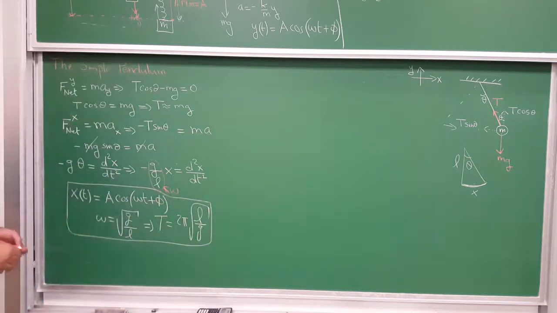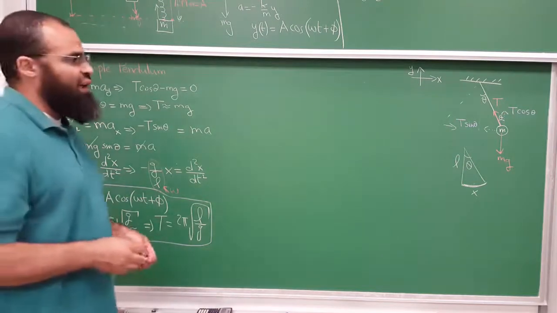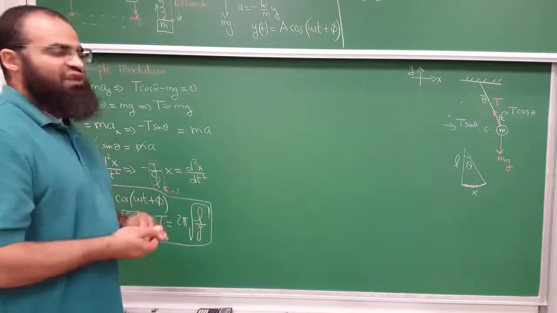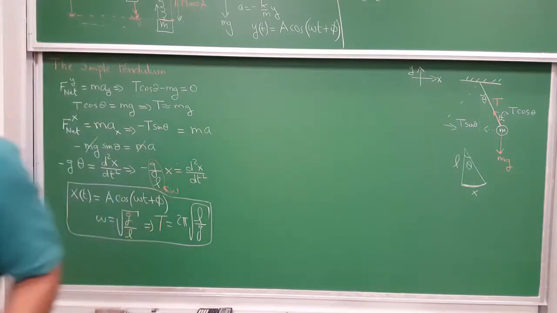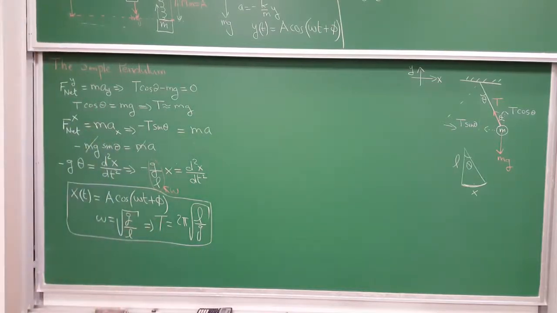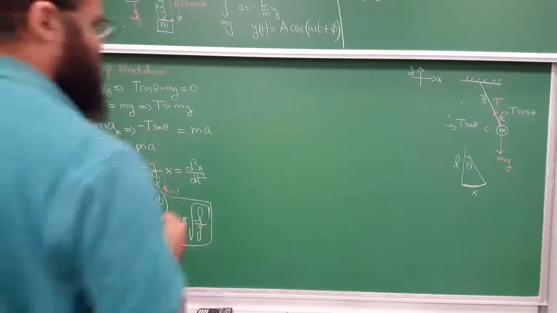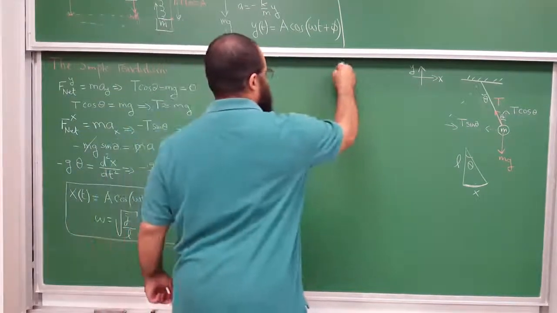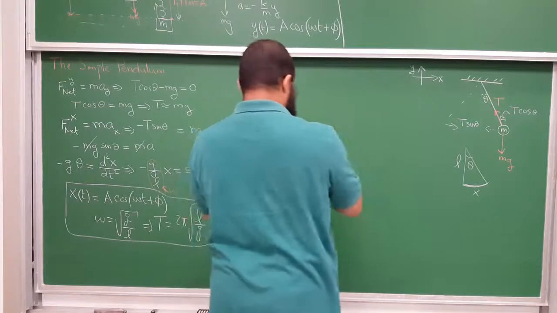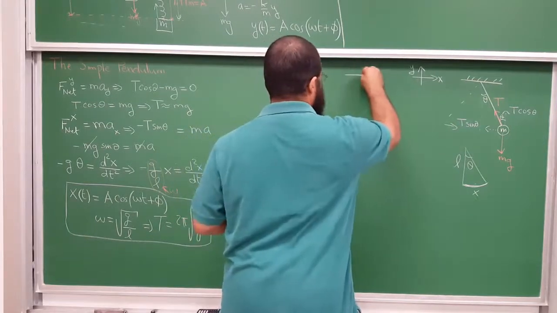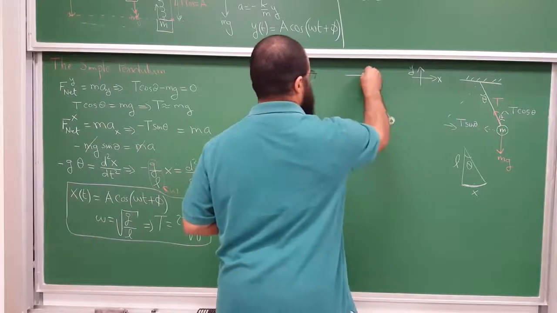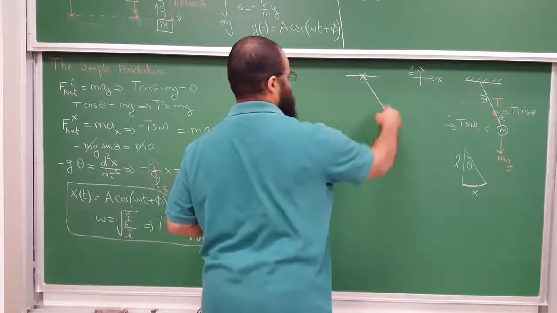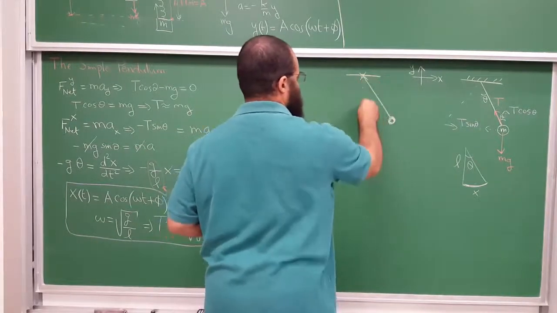Okay. Another way to do it is by thinking of it as a torque. Let me see how much time I have. Yeah, let me do it quick. So for an object like this, let's say you have a point mass here, and it's rotating about this fixed axis here, and it's oscillating back and forth.